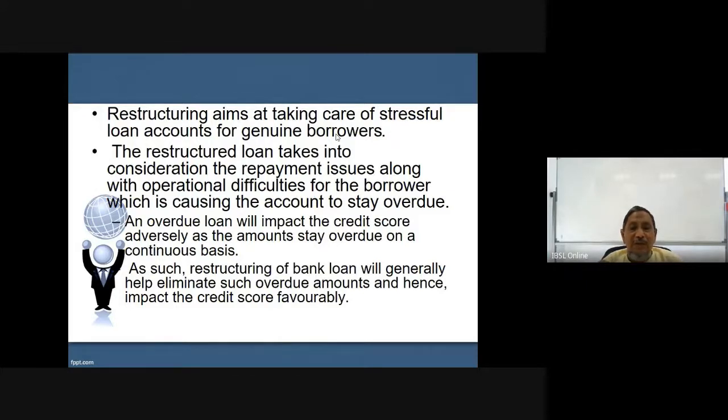An overdue loan will impact the credit score adversely as the amount stays overdue on a continuous basis. The customer's credit rating may deteriorate if it becomes overdue. As such, restructuring a bank loan will generally help eliminate such overdue amounts and hence impact the credit score favorably.